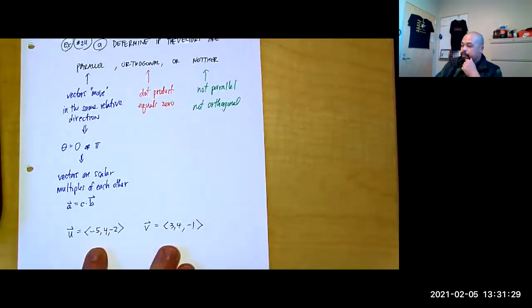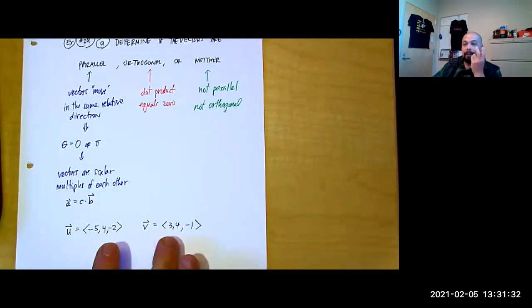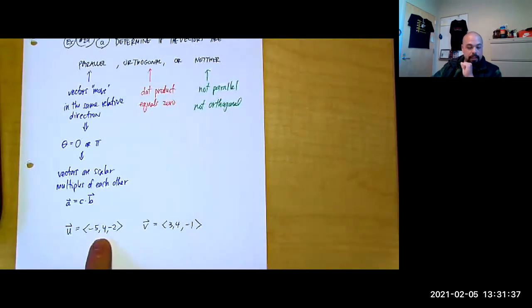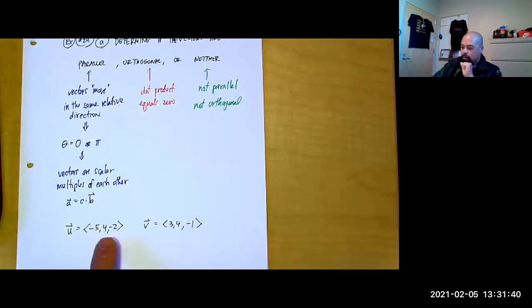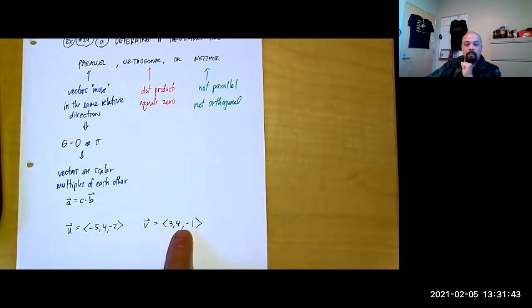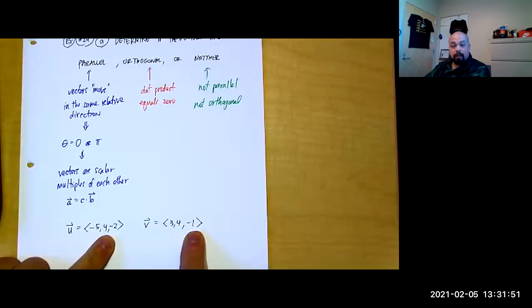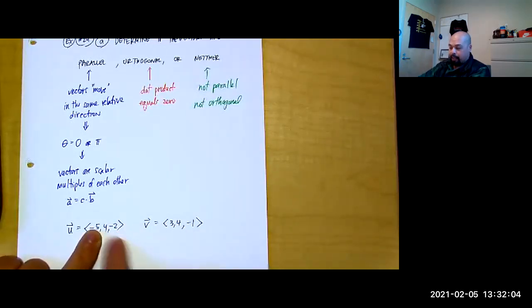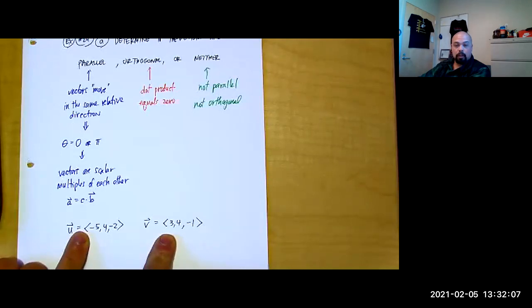Checking these out, if they are going to be parallel, I would be able to take the same constant and multiply each of those components to obtain the second vector. For instance, looking at the z components, if I want to get from -2 to -1, I would multiply by 1/2, or divide by 2. So I'd have to do that same action, divide by 2, to get the other two components as well.